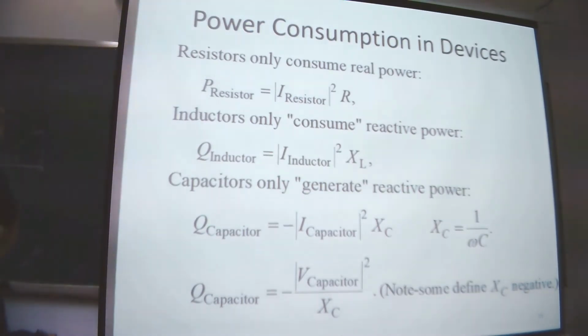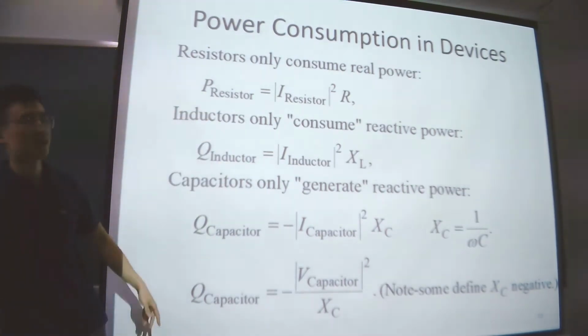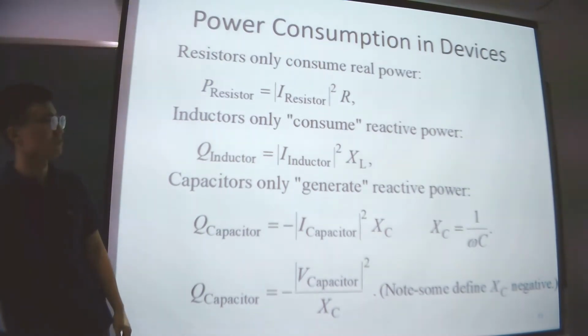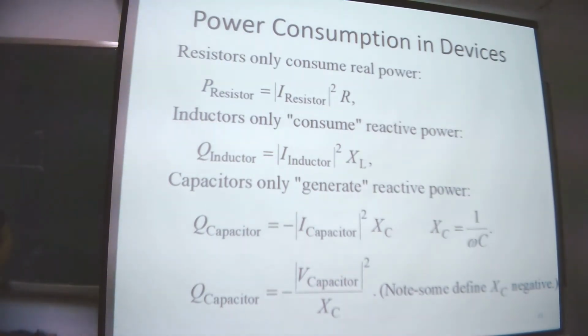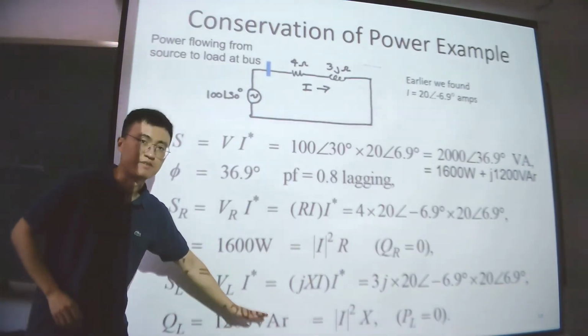And power consumption. Here is the summary of these three types of devices. The resistors only have real power, and the inductors only consume reactive power. You see that this is positive, right?